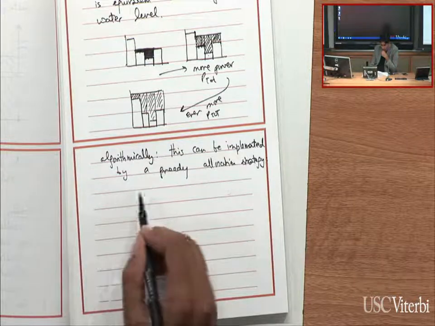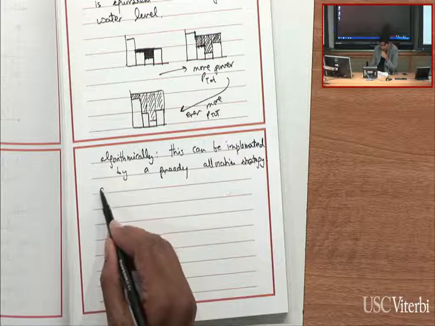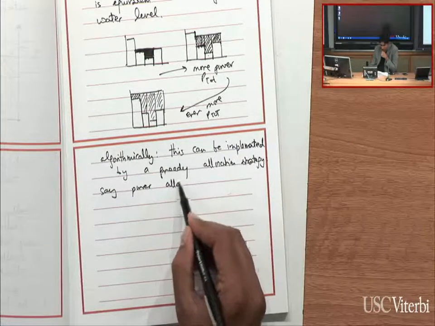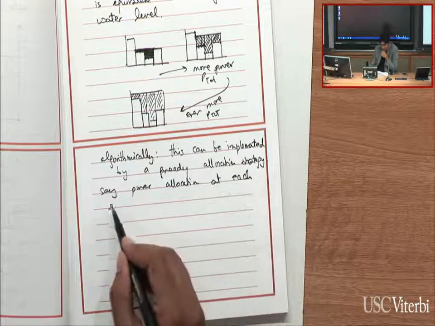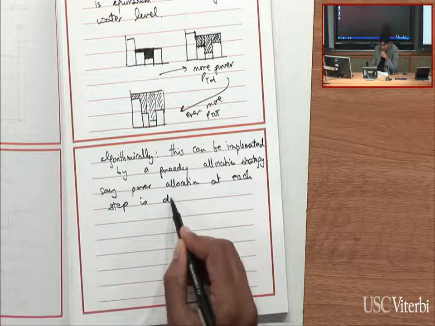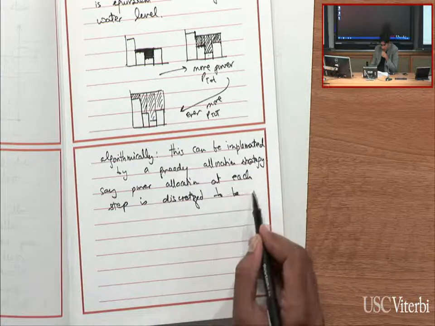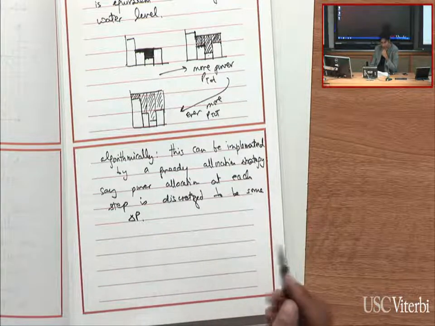And you can imagine that for now, say power allocation at each step is discretized to be some delta P, right?